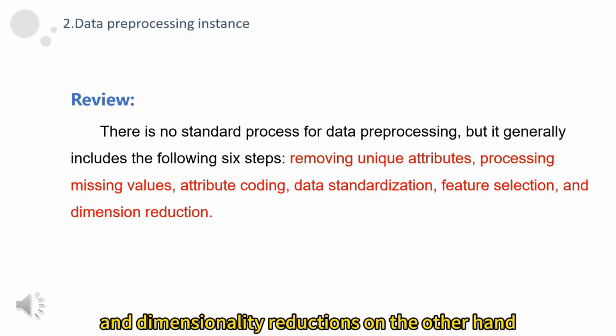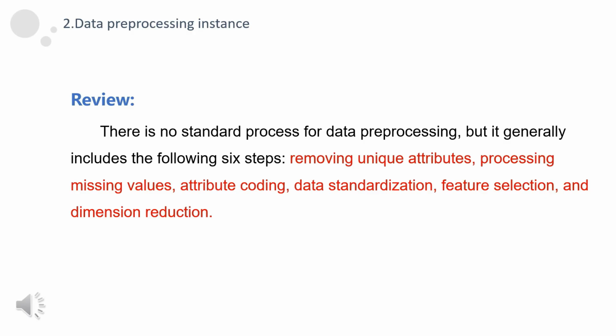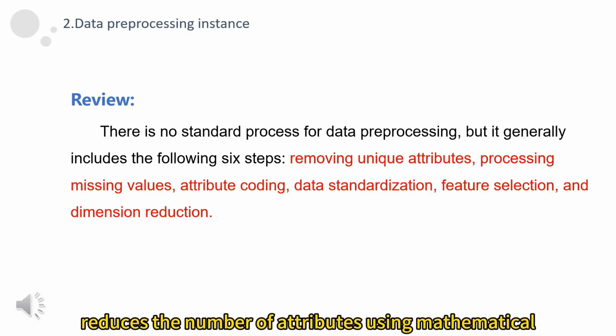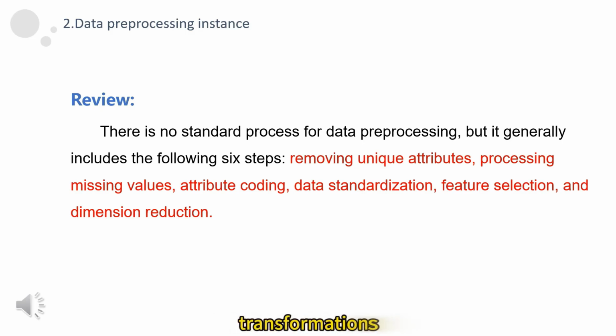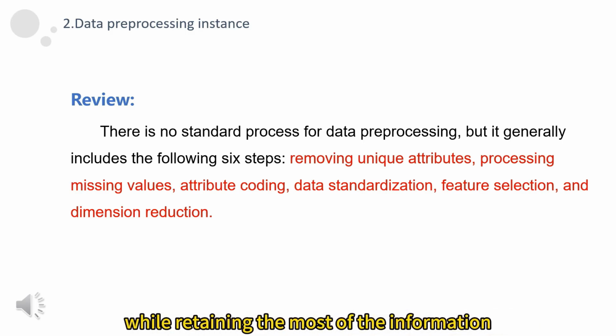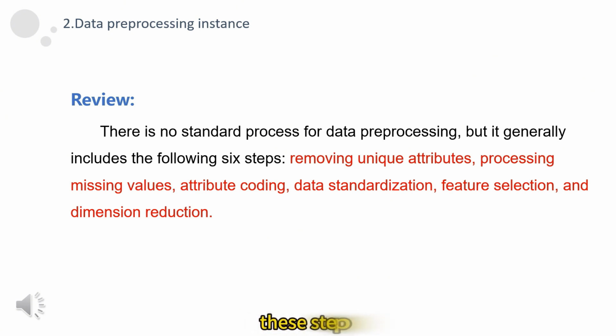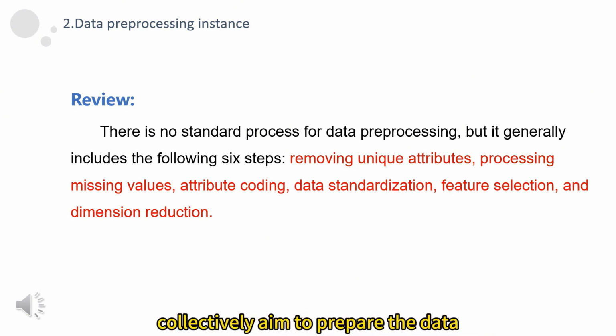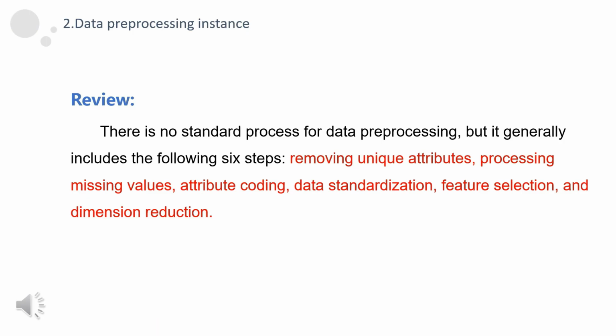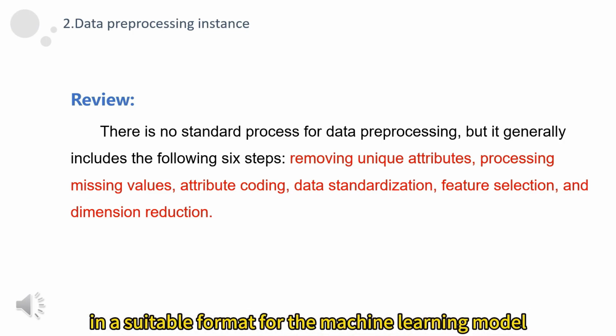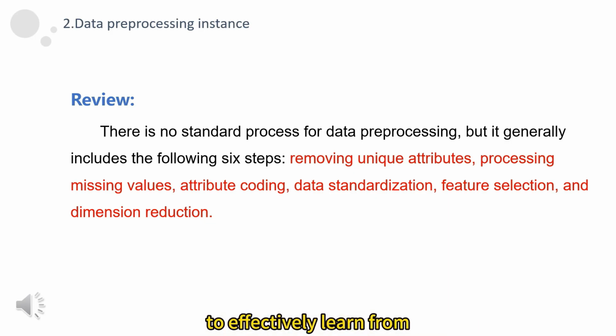Dimensionality reduction, on the other hand, reduces the number of attributes using mathematical transformations while retaining most of the information. These steps collectively aim to prepare the data in a suitable format for the machine learning model to effectively learn from and make accurate predictions.